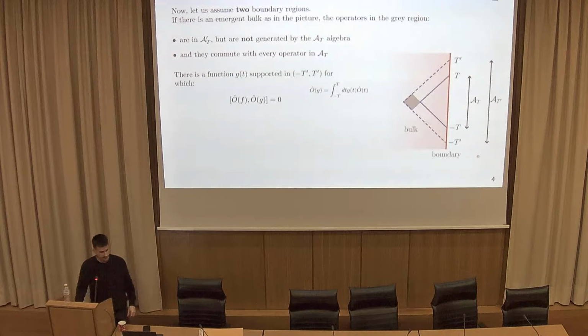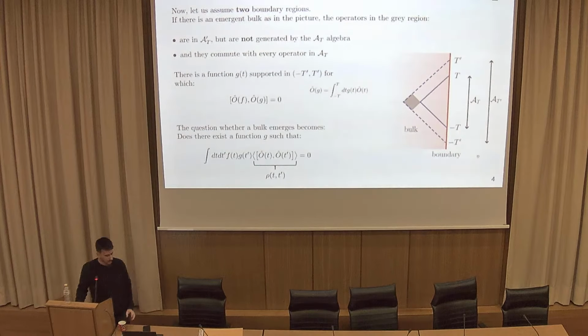This means that we could find a function g of t, which is supported in the large boundary region, for which the operators O of f and O of g, which are the operators that generate the gray region, commute with each other.